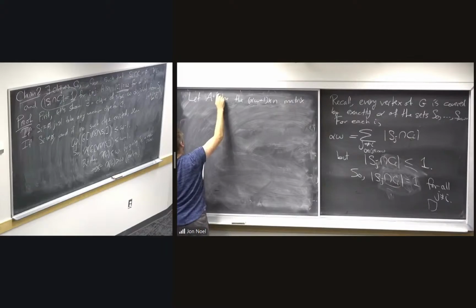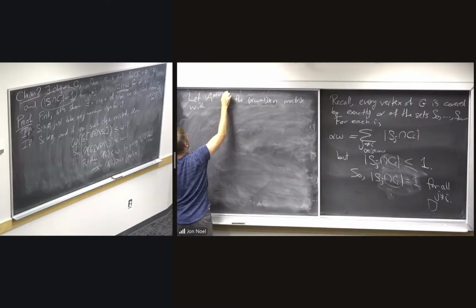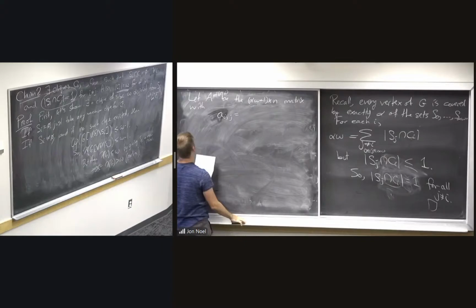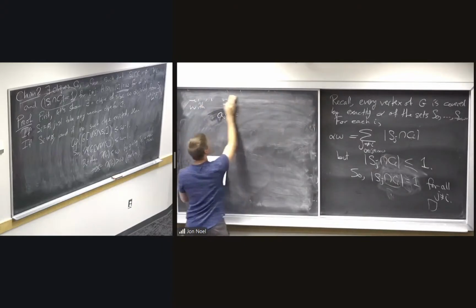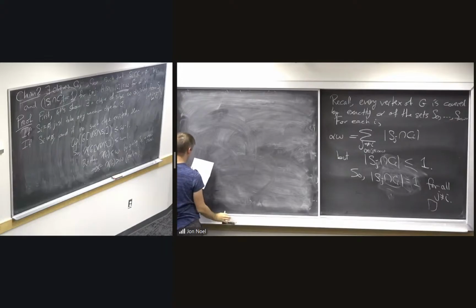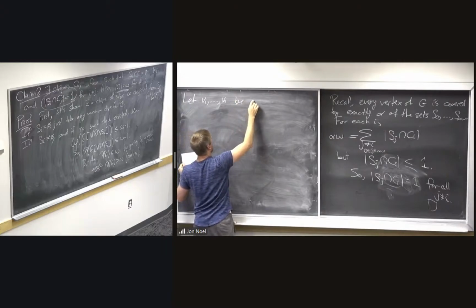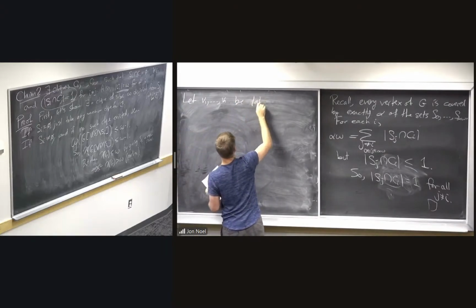So let's say the ij entry is, well, sorry, no. Sorry, I need to back up. My bad. I need to label the vertices first. So let V1 up to Vn be a labeling of the vertices.